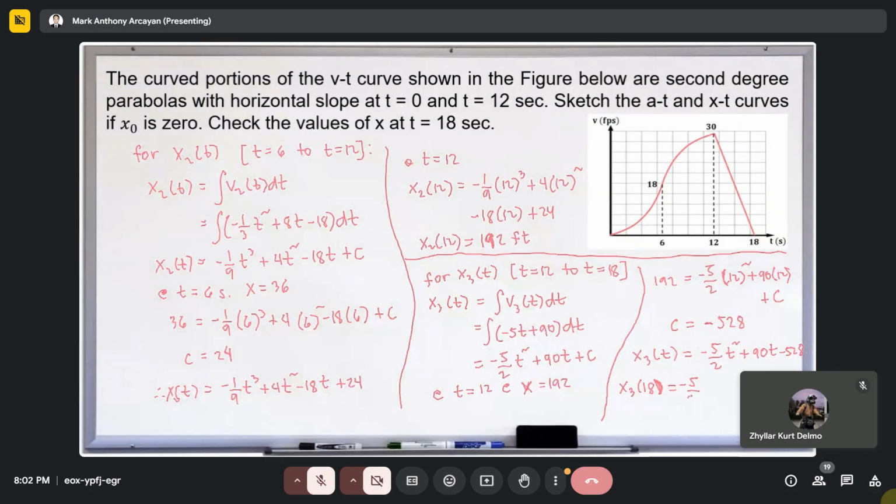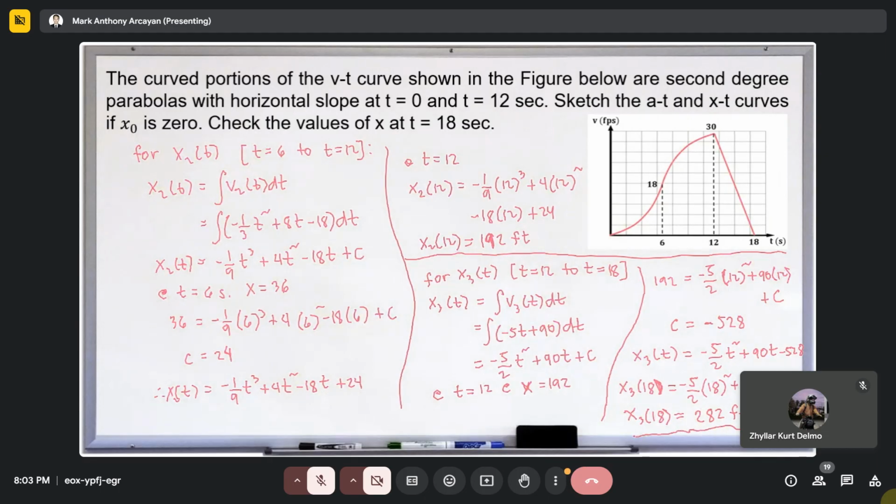Negative 5/2 times 18 squared plus 90 times 18, minus 5/8, and the answer is 282 feet.